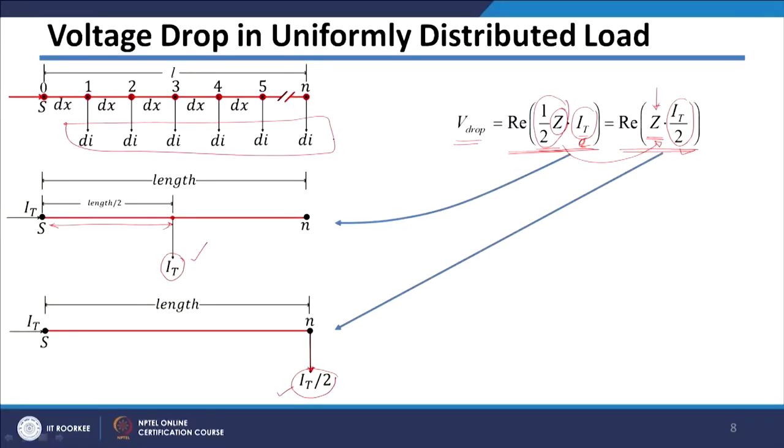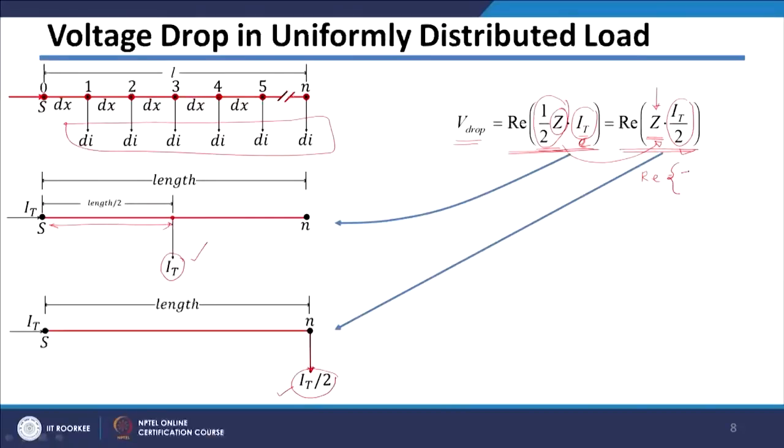And you can see that these are not the only two ways in which I can model these loads. Lumping can be possible at many different locations. If you see, I can write this same equation as real part of Z by root 2 multiplied by IT by root 2, which is exactly the same as this. I just divided 2 into 2 parts, that is root 2 multiplied by root 2.